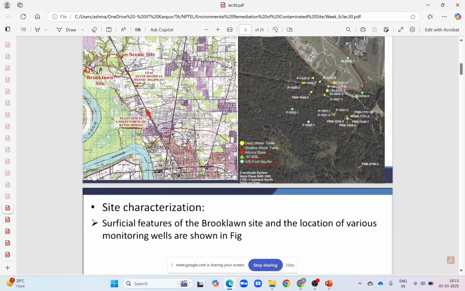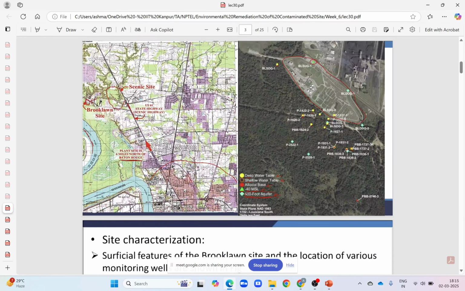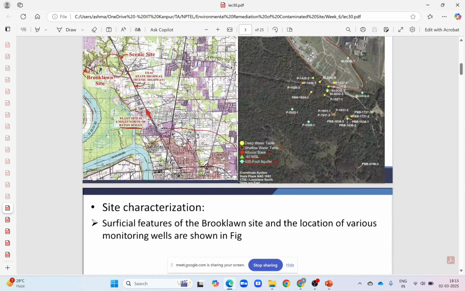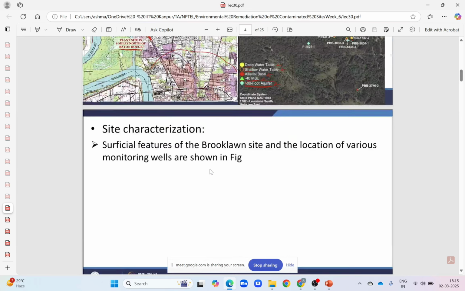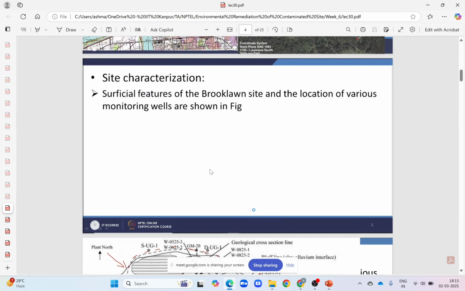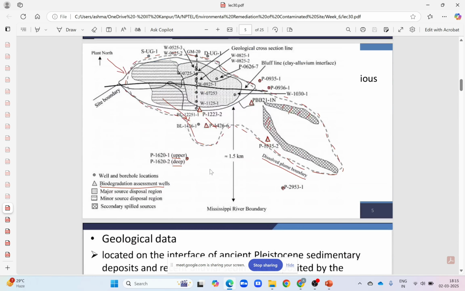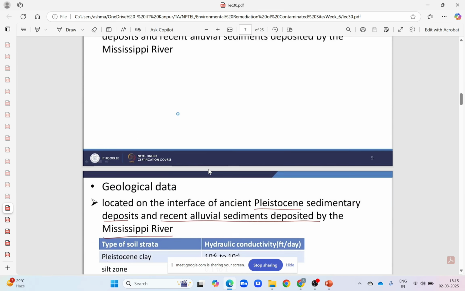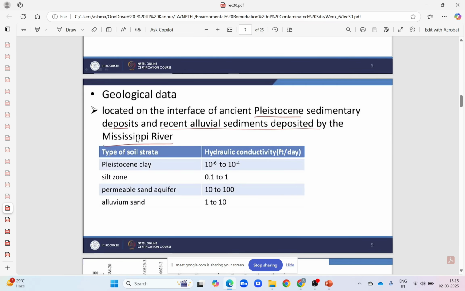This is overall the site characterization, like where the site was located and what were the various uses of the nearby areas. So the soil strata was divided into some parts.